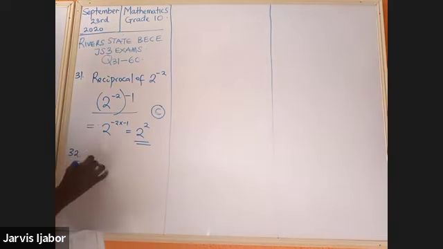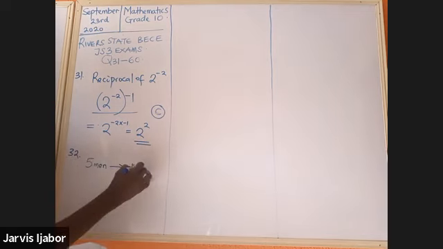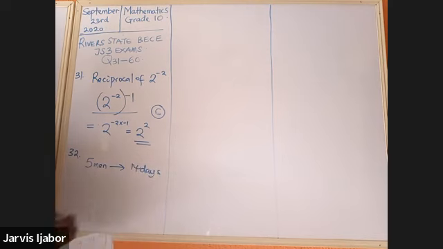So you have 5 men to 14 days and 7 men to how many days? Now, the answer will be the number of days will reduce because the number of men have increased.